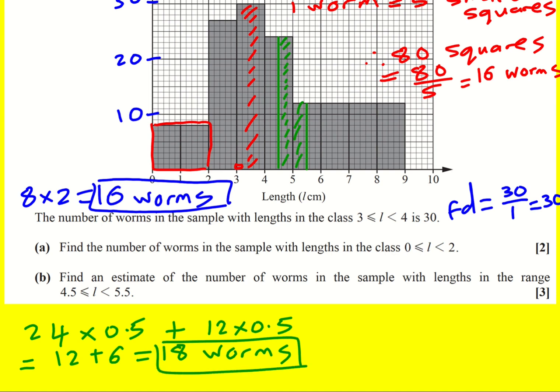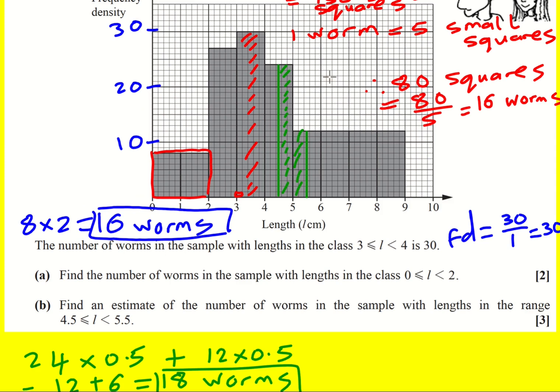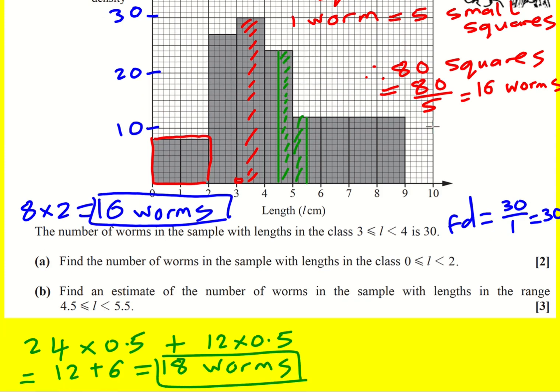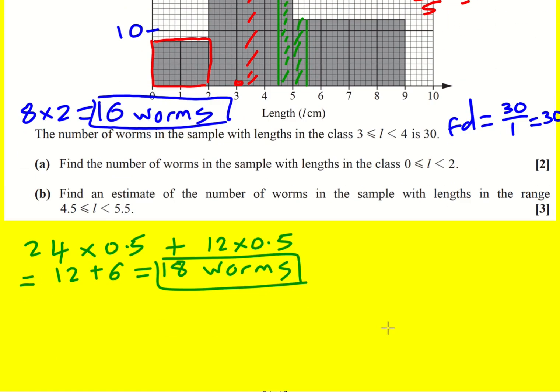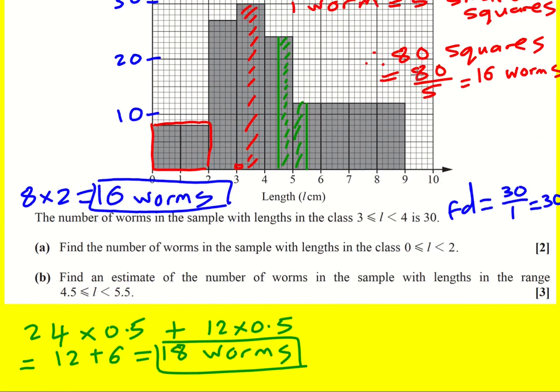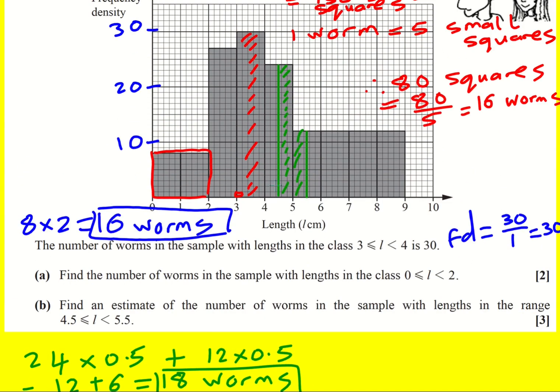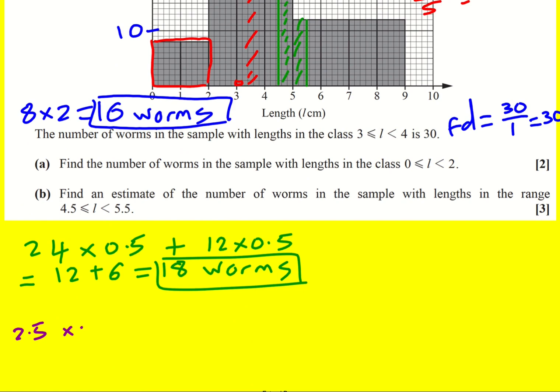Now, method 2 does also work. It's a little bit trickier. Remember, we're trying to count how many little squares there are. It's a bit awkward because I've actually got 2.5 along here. So it's going to be 2.5 times, and then I need to count how many are going up. We've got 5, 10, 15, 20, 24 again.